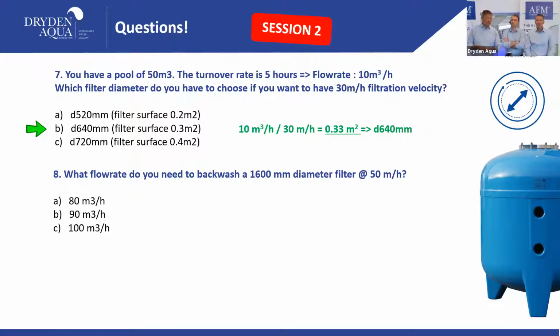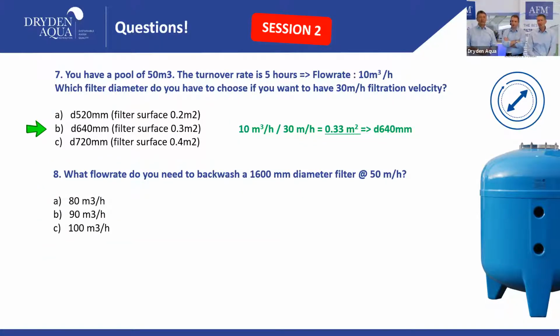Let's do it. Next one, Philip. What flow rate do you need to backwash a 1600 millimeter diameter filter at 50 meters per hour? You see, we are now in the king size discipline in the public pools.